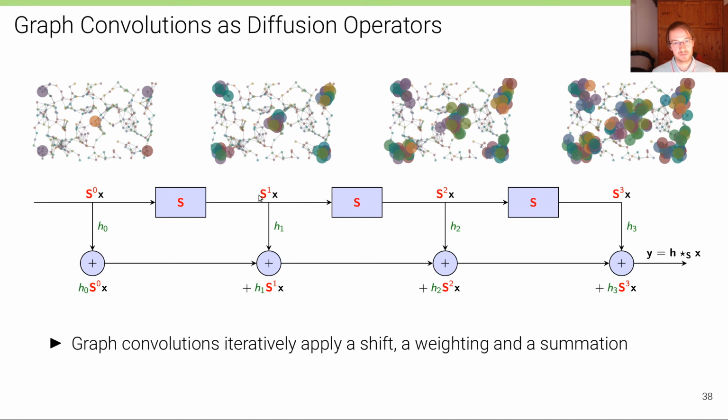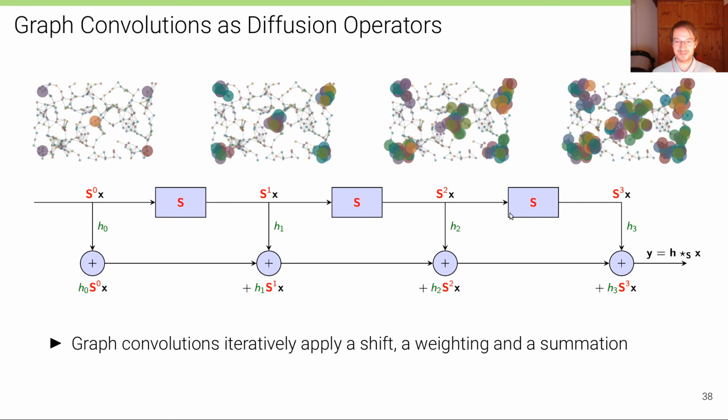And then we shift the shifted signal again. We get s to the power of 2 x, which we multiply with h2, the third coefficient. And then we add it to the output.